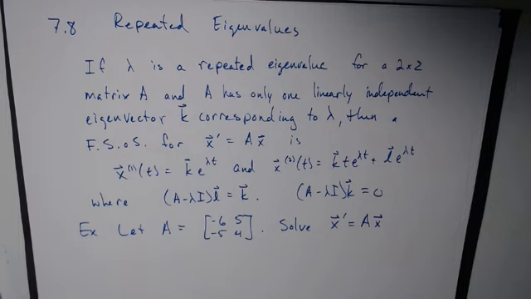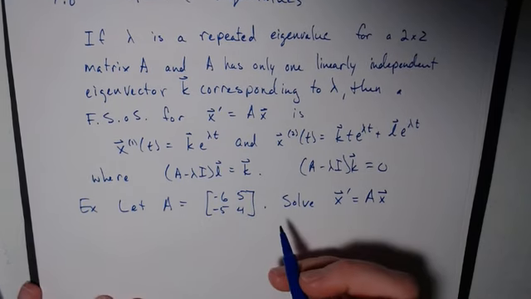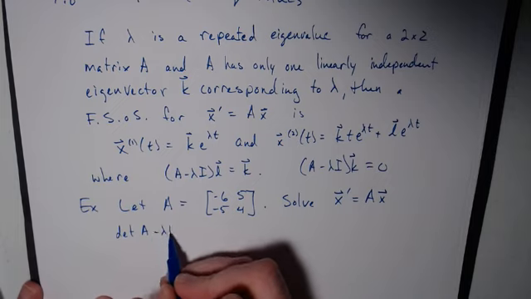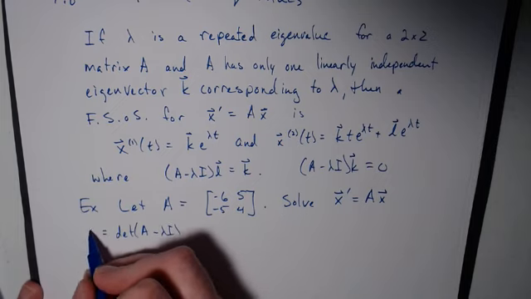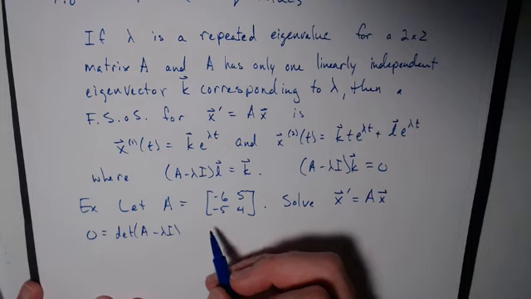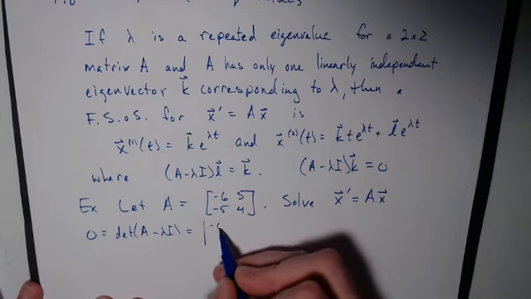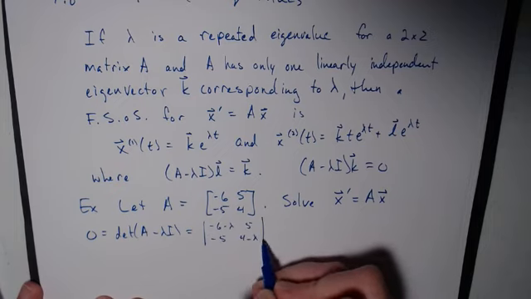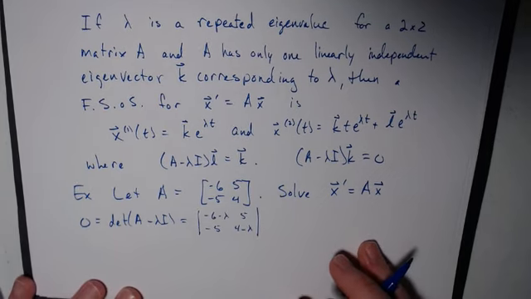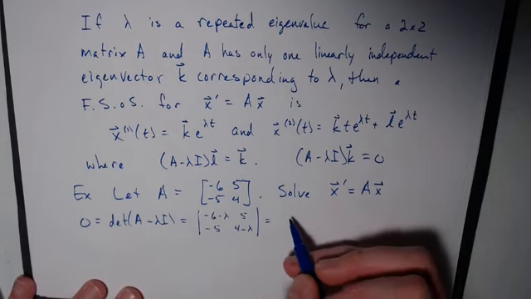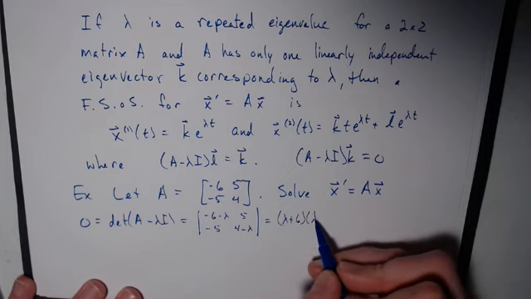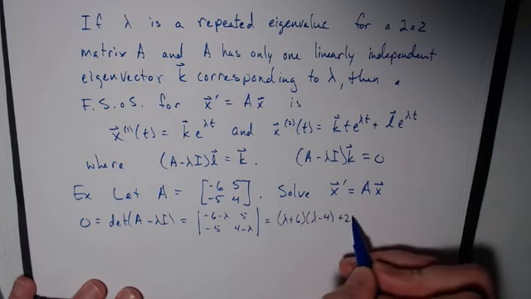So just like normal, we're going to find our eigenvalues. We take the determinant of A minus lambda I and set it equal to 0. The determinant of A minus lambda I is, in determinant form, [-6 minus lambda, 5; -5, 4 minus lambda]. In polynomial form, that's (lambda plus 6)(lambda minus 4) plus 25.